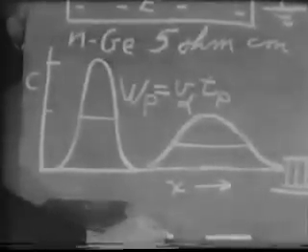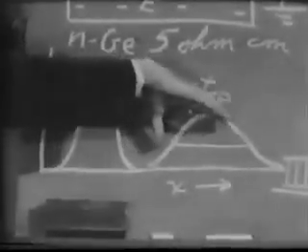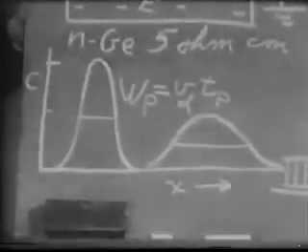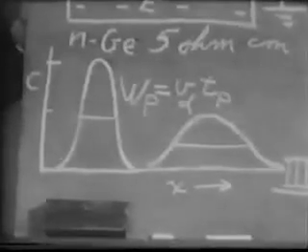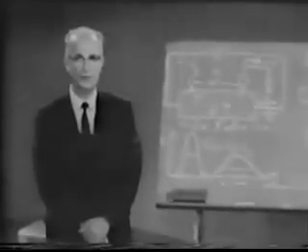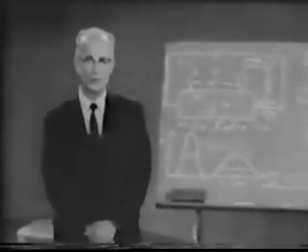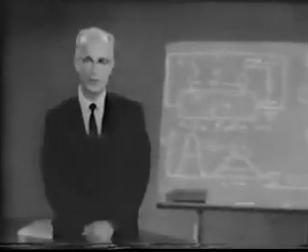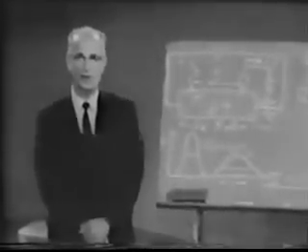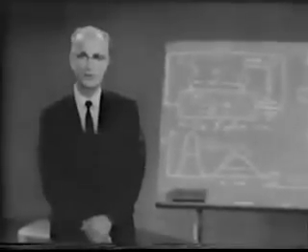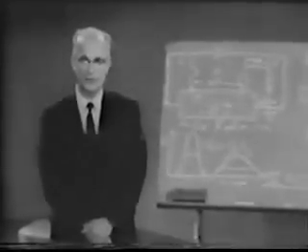Actually, the pulse changes shape a little as it passes under the detector, but our pulses move fast enough to permit neglecting this effect. Now for our case of diffusion in a uniform electric field, the width W sub p depends only on the transit time t and the diffusion constant d, with dimensions of centimeters squared per second.